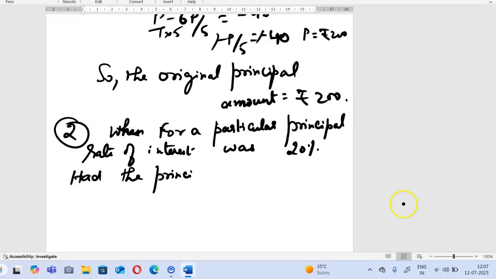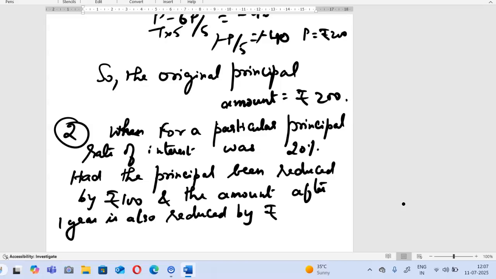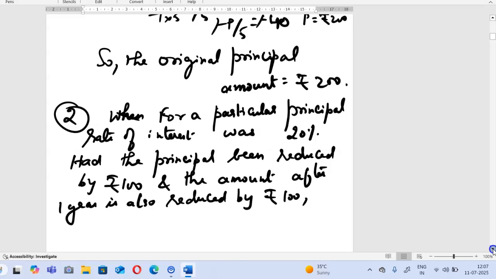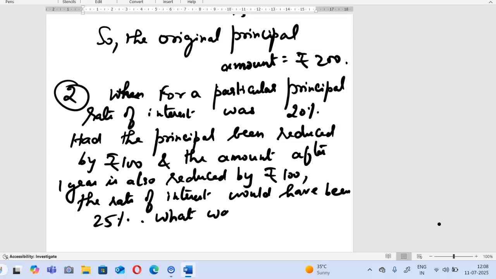Had the principal been reduced by rupees 100 and the amount after 1 year is also reduced by rupees 100, the rate of interest would have been 25%. What was the original principal?